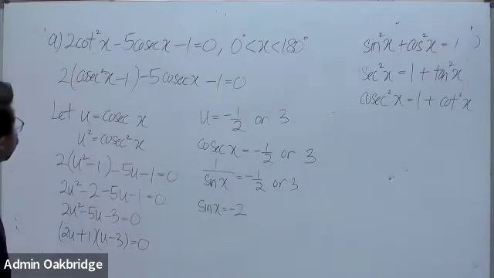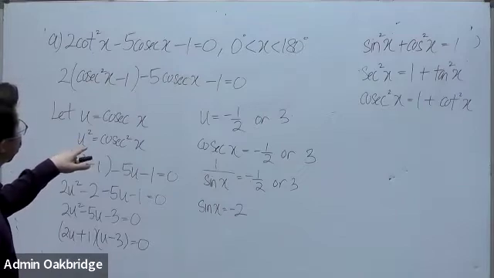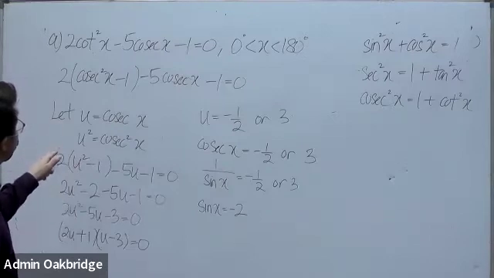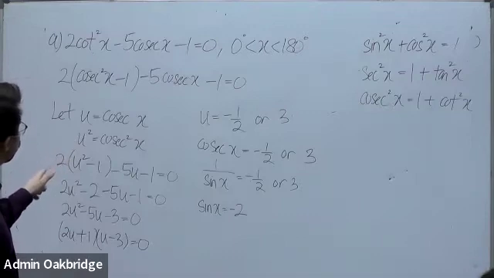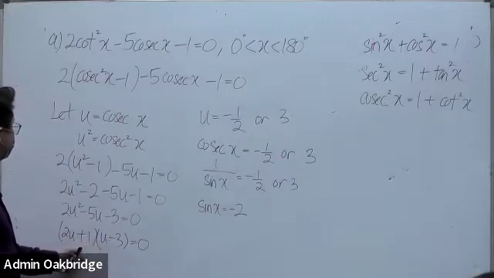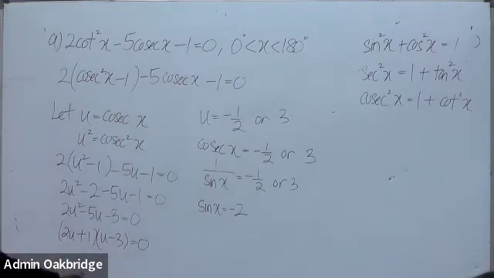Yeah, let me check again. 1 over sine, cosec. Anyone find a mistake? Here is a mistake, I think. Let me try again now.